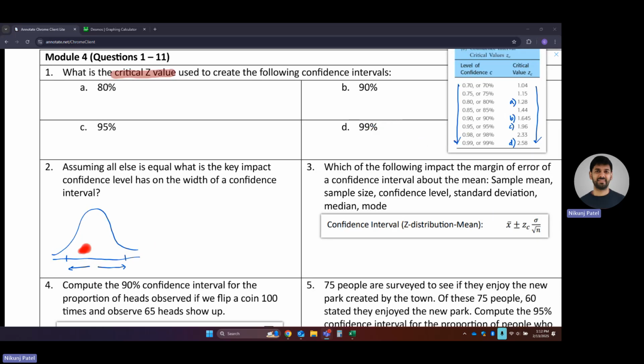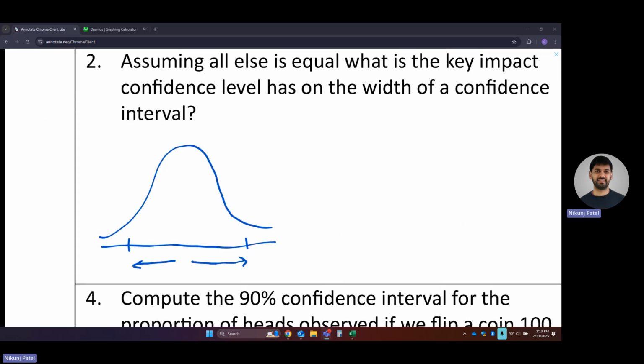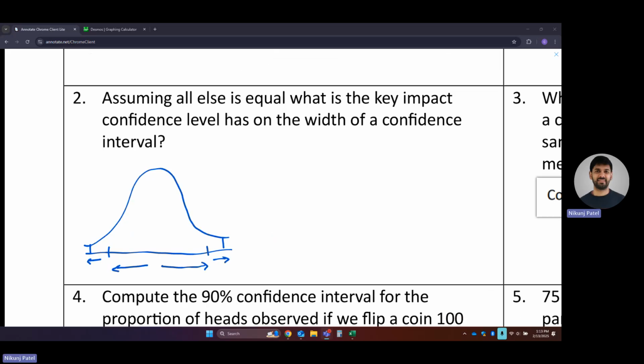So if we wanted to cover 70% of the graph, in the middle of it, it would be a certain distance between those 2 marks. And if we wanted to cover, for example, 99%, we would have to move even further out from 70% because the total of this is 100%, right? So as I cover more space from left to right, our width is increasing.